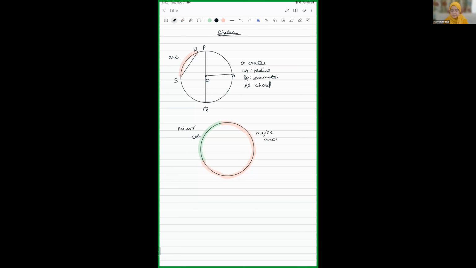Okay. Now, if you talk about a chord, you said that this is a chord, then the chord divides the circle into, what is this portion called?